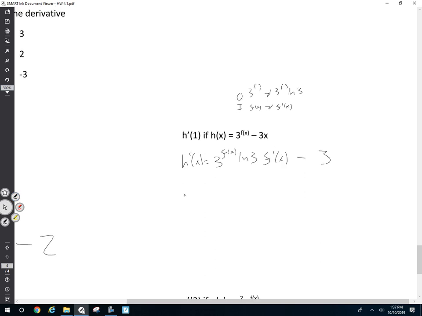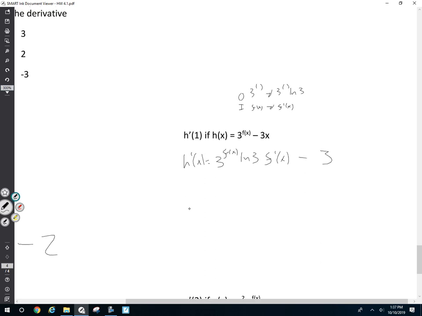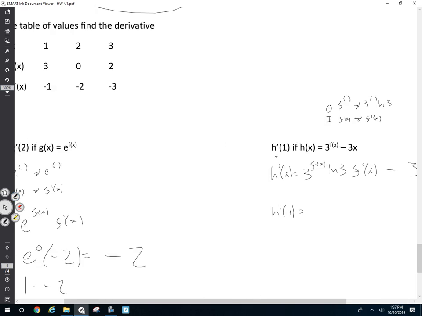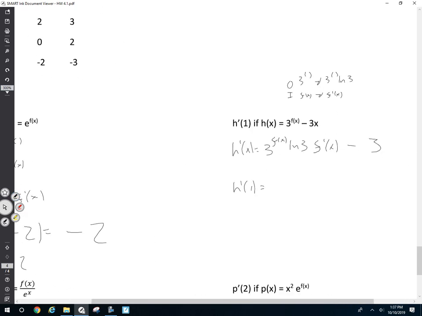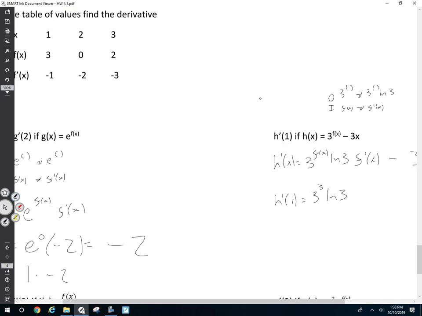All right, h prime of 1. 3 to the f of 1. f of 1 is 3. Okay. 3 cubed log 3. f prime of 1 is negative 1.